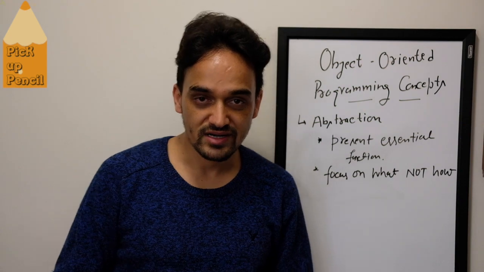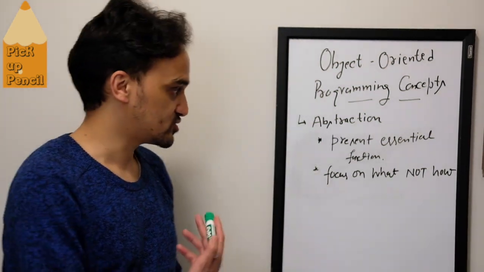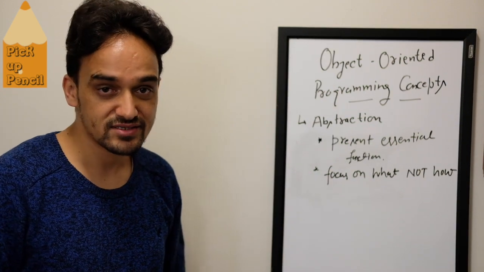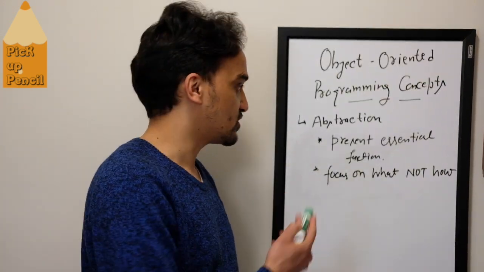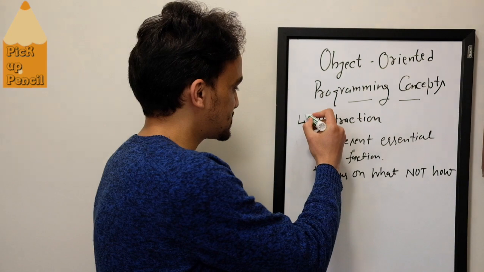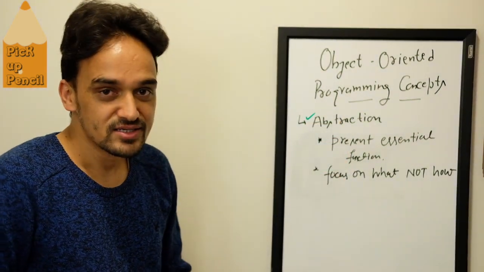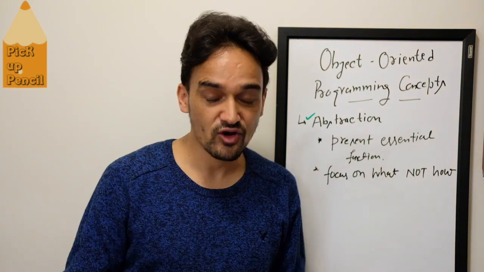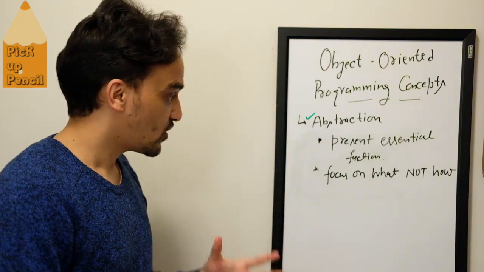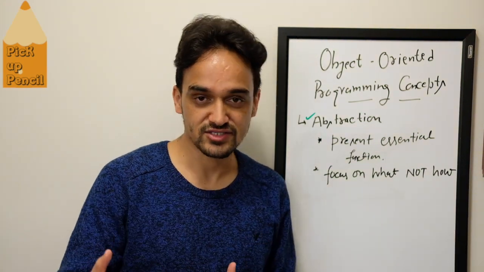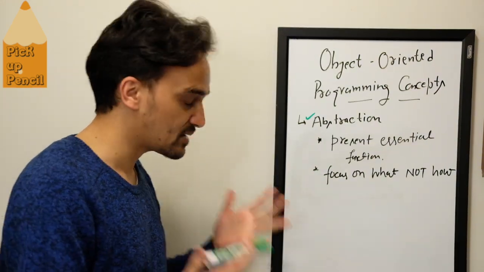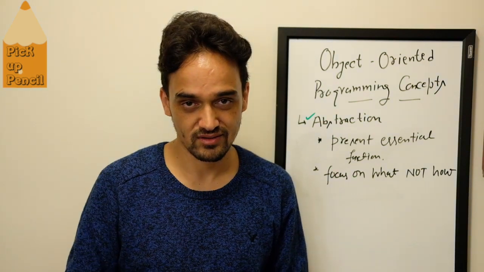Now since we have a basic idea about the object, let's quickly jump to the first object-oriented programming concept, and that is abstraction. Abstraction is an act of presenting only the essential functions and not letting anyone know what's really happening in the background.